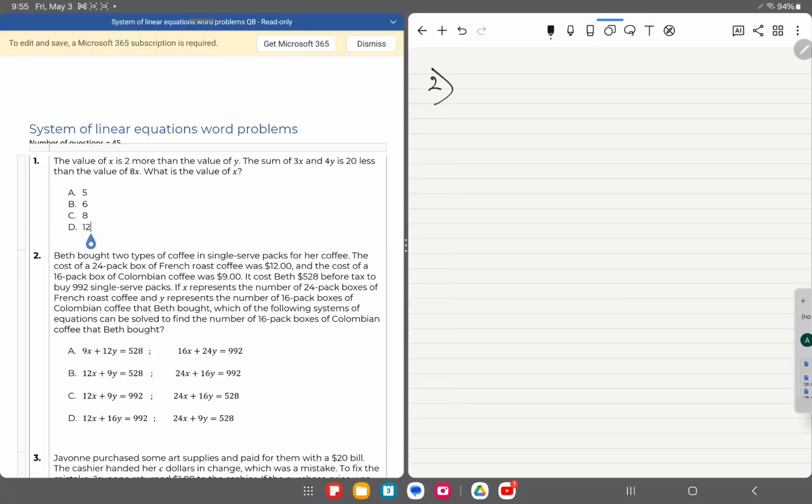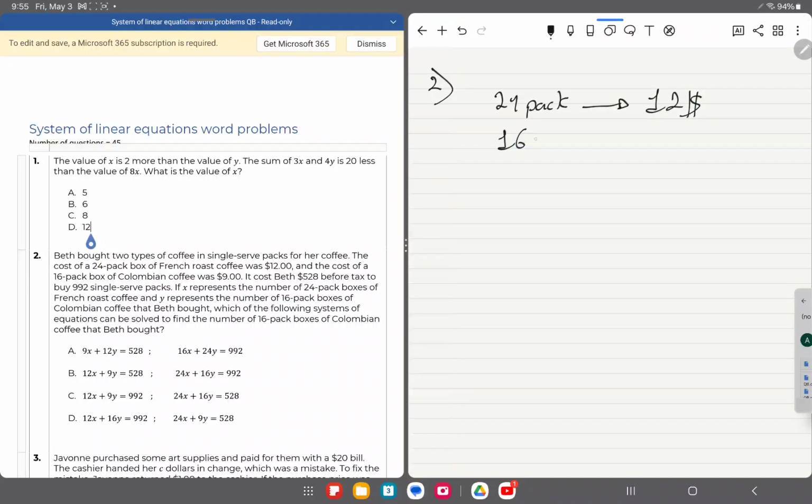Now Beth bought 2 types of coffee in single serve packs for her coffee. The cost of the 24-pack box of French toast was $12.